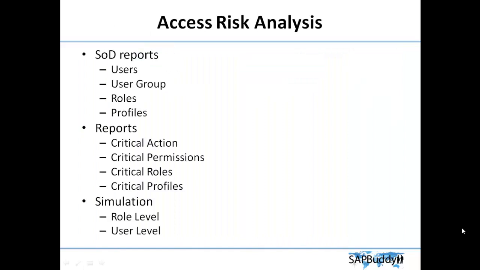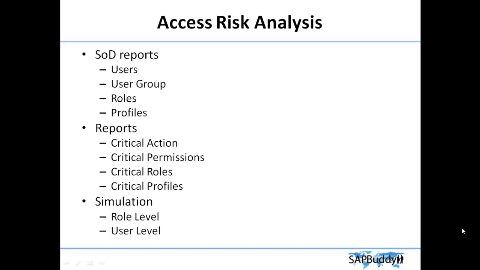Access risk analysis. Using access risk analysis, you can generate reports based on users, user groups, roles, and profiles. That means the SOD report for all these 4 components, and also reports like critical actions, critical permissions, critical roles, critical profiles, and you can also do simulation at role and user level.